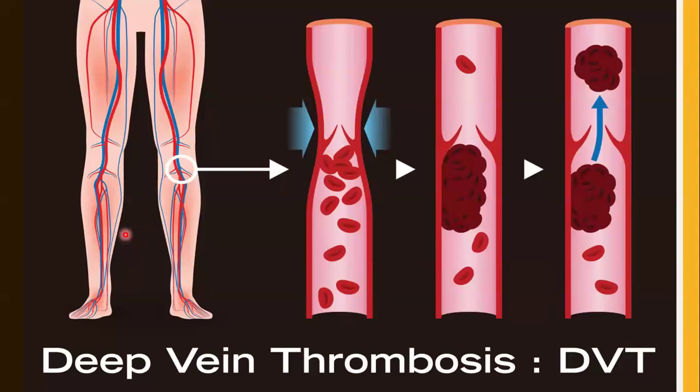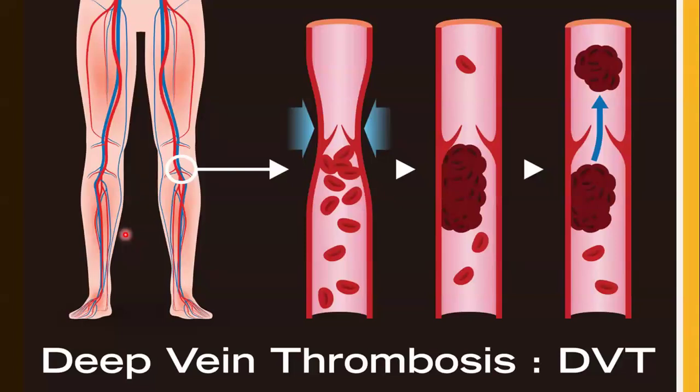And the third cause would be what we call a hypercoagulability state. Perhaps there are a lot of clotting factors circulating within the blood of this particular individual, and so that blood has a higher tendency to clot. We call those 3 the Virchow's triad: endothelial injury, hypercoagulability state, and venous stasis.